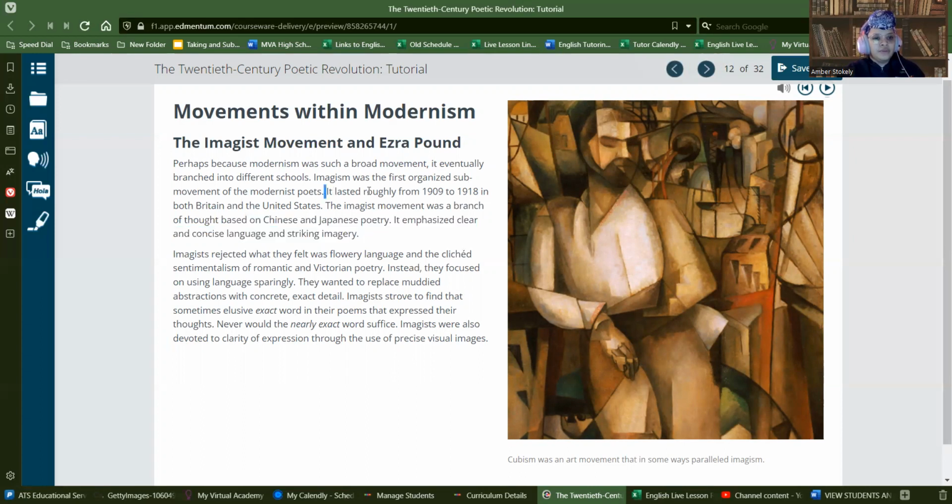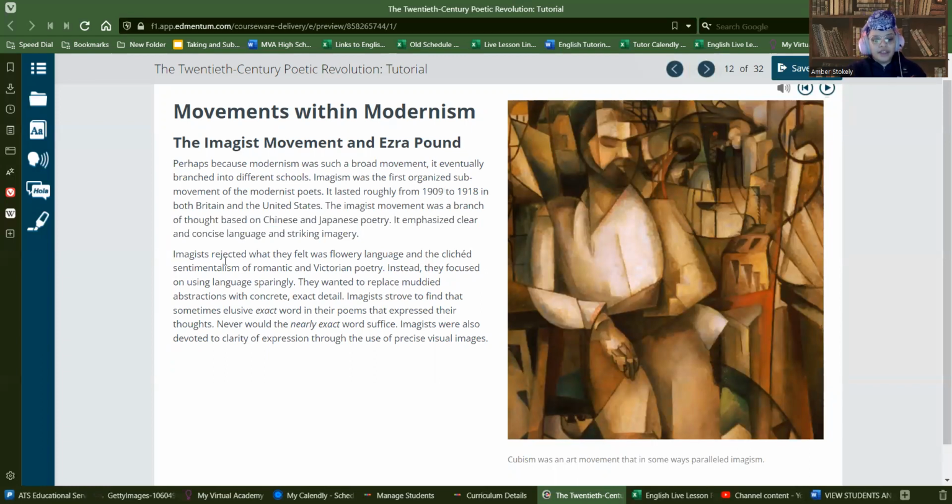It lasted roughly from 1909 to 1918 in both Britain and the US. So it was very popular to cross over the ocean into British society as well. And then we have here that Imagism was the first organized sub-movement of modernist poets. It started early on, so it makes sense that this was the first in 1909.